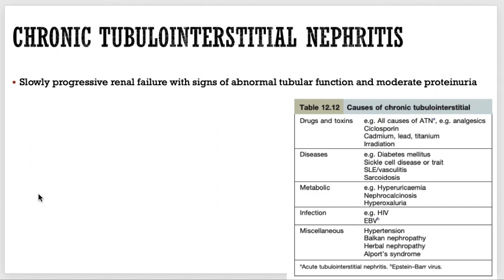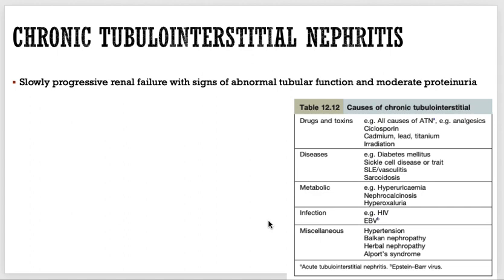The most common cause, by the way, of chronic tubulointerstitial nephritis is urinary tract obstruction. So urinary tract obstruction can give chronic interstitial nephritis.